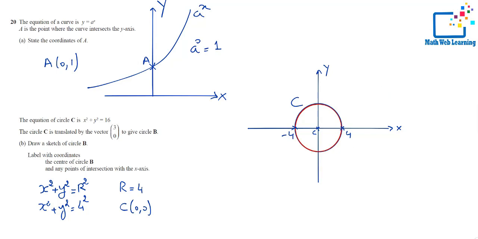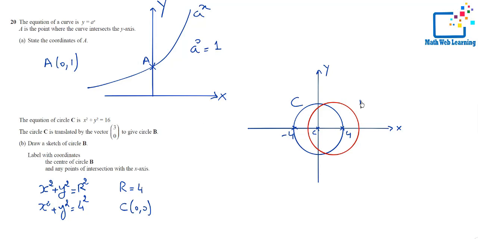So let's see if we can move it. So I need to move the red circle 3 units to the right. Okay, so roughly like that. What is important is that you mark the intersection correctly. All right, now this circle we call it B.